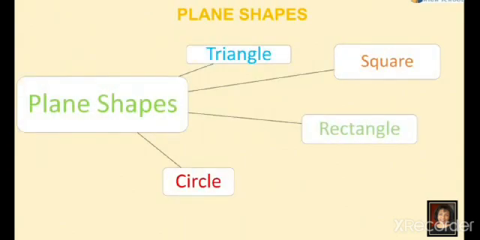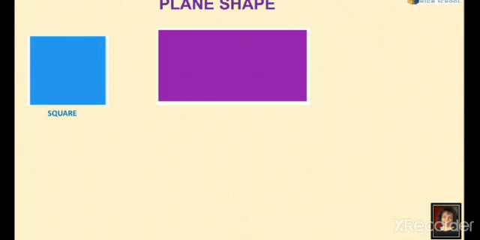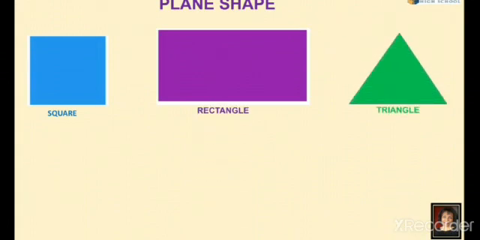What are plane shapes? Under the heading of plane shapes, we have triangle, square, rectangle and circle.